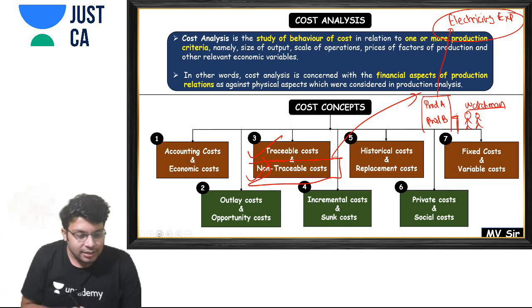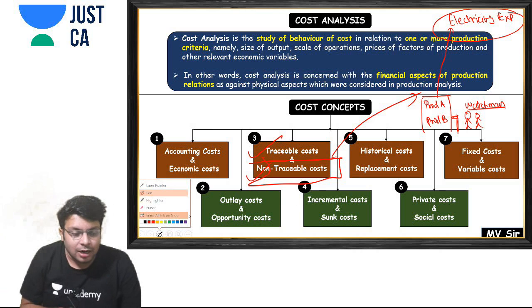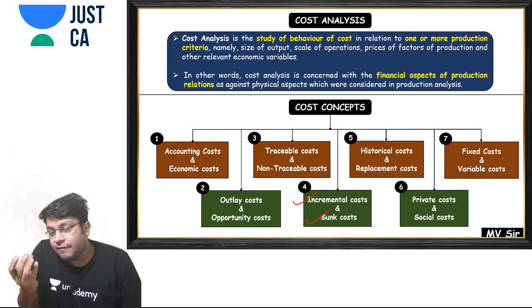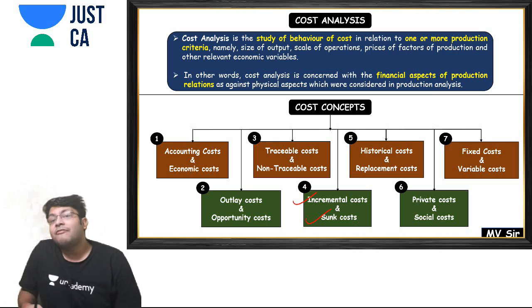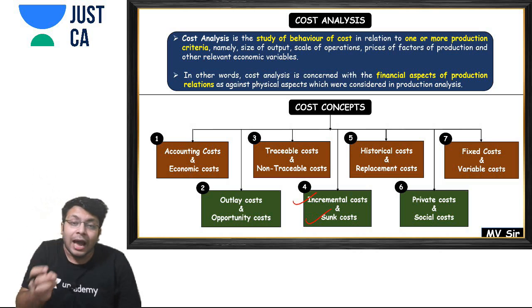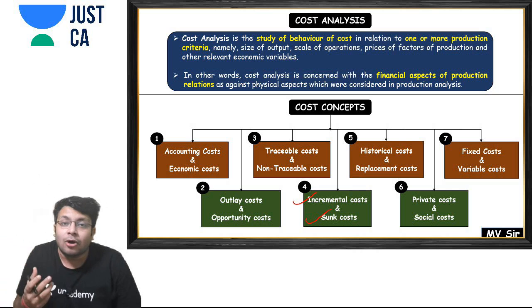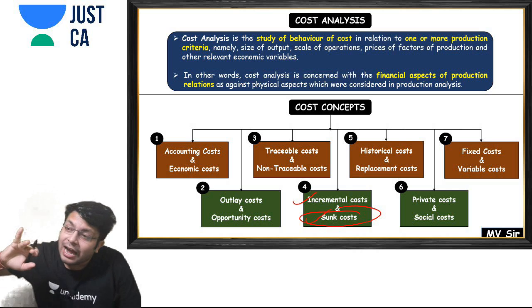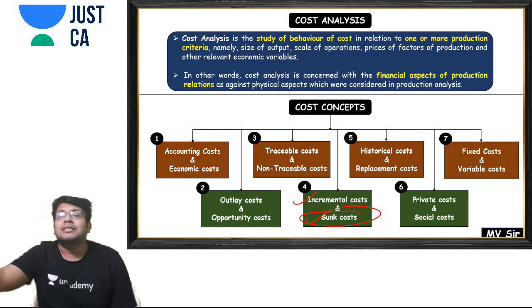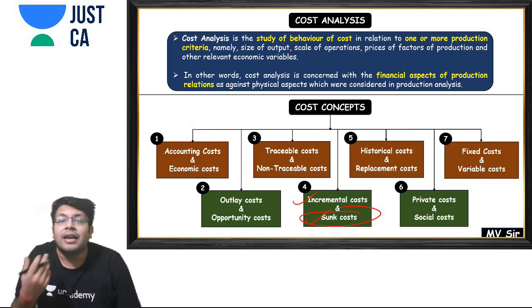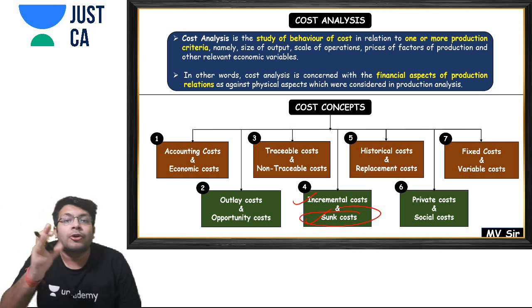Okay, now next is incremental cost and sunk cost. If I am taking a decision, the cost which I will have to incur if I am opting for a particular decision will be called incremental cost. And next is sunk cost, the cost which I have already incurred in the past, and now even if I take any decision or don't take any decision, that money is not going to come back to me.